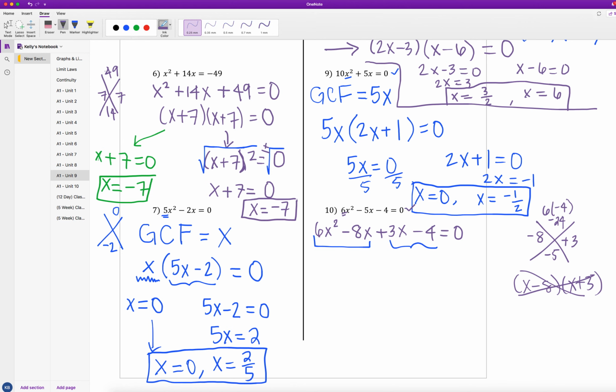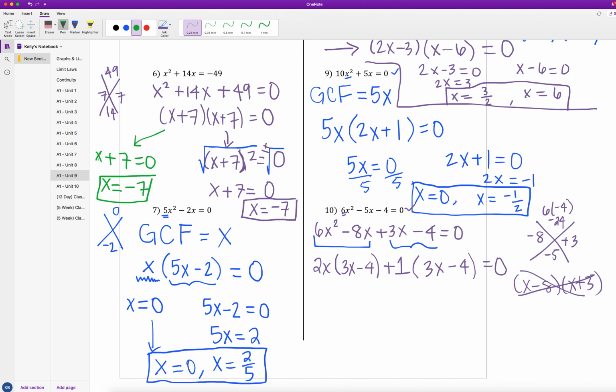So 6x squared and negative 8x have a 2x in common, and we're left with 3x minus 4. Plus 3x and negative 4 don't really have anything exciting in common, but they do have a 1 in common. So we're going to factor out that 1, and we're left with 1 times 3x minus 4.